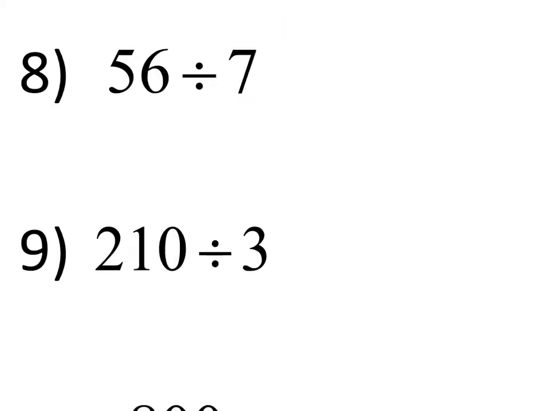All right, so number 8. This one we got 56 divided by 7. Well, 7 doesn't go into 5. 5 is too small, so I'm going to treat this as 56. So 7 goes into 56.